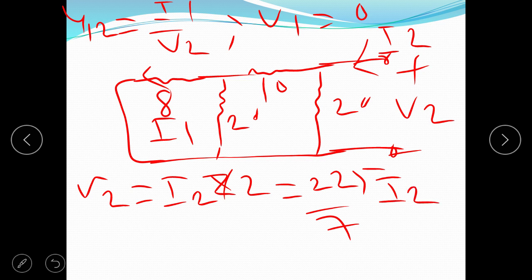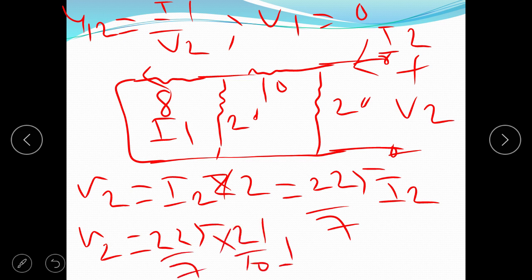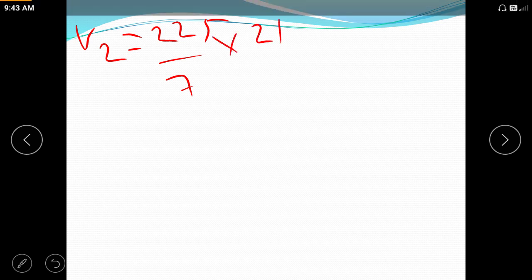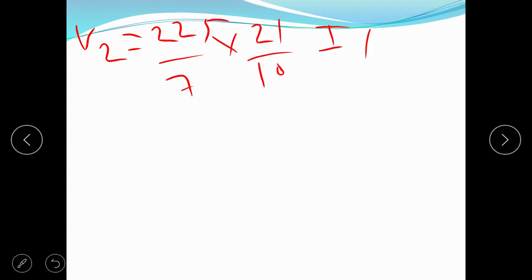But what is the value of I2 in terms of I1, which is equal to 21 upon 10. So V2 is equal to 225 upon 7 into 21 upon 10 of I1.